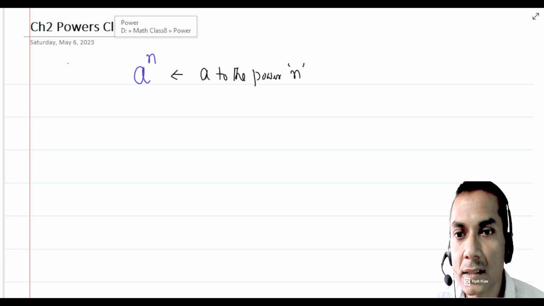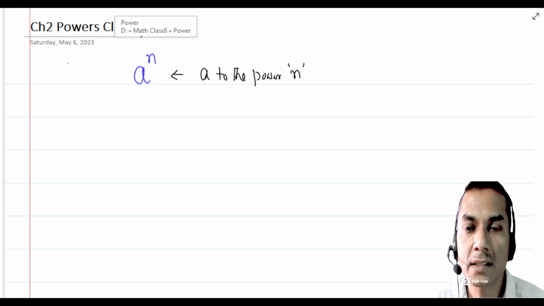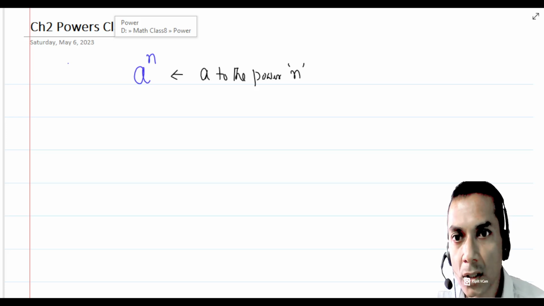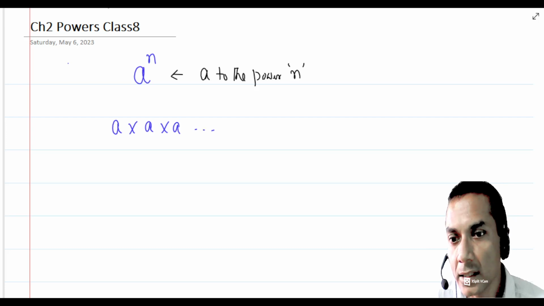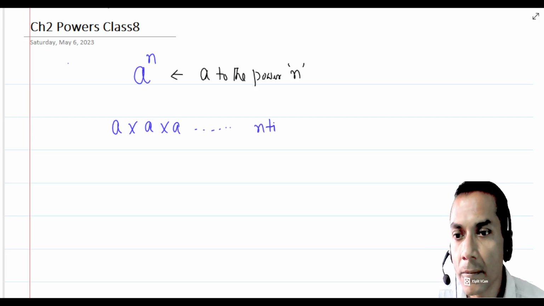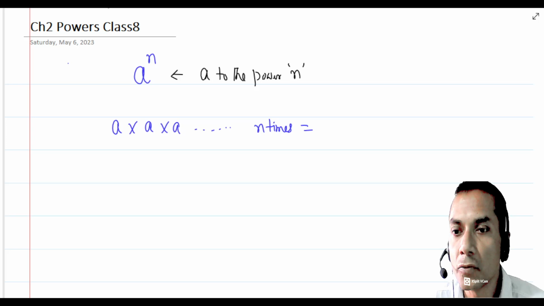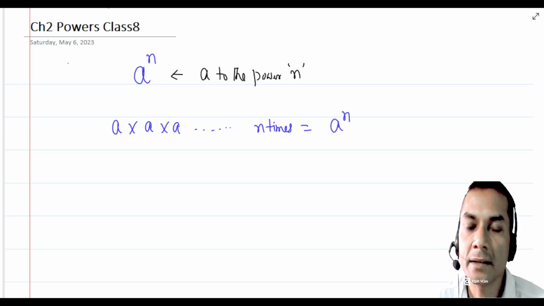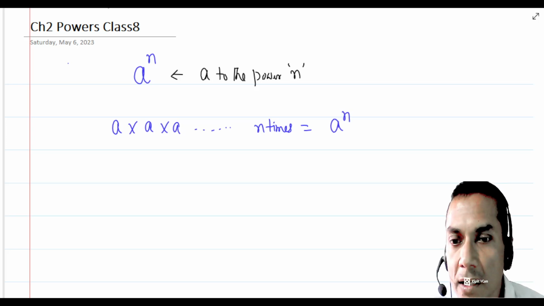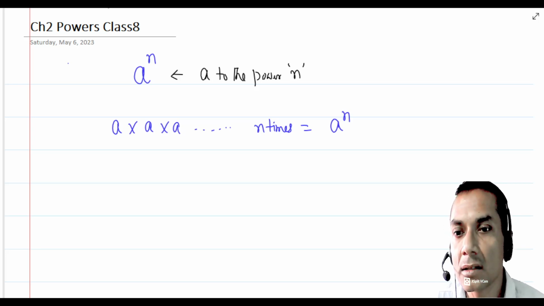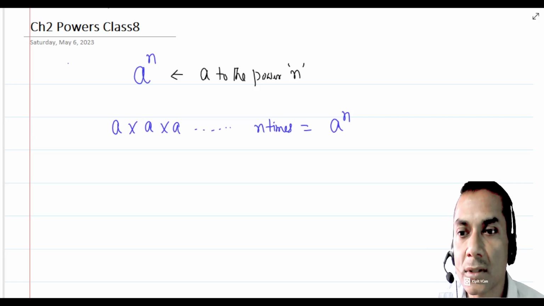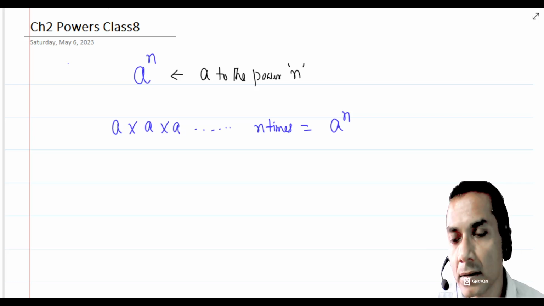Now what is the meaning of a to the power n, and what is a and what is n? We elaborate more. If we multiply a into a like this up to n times, we get the result a to the power n, because each a has the power 1. So if we add together 1 plus 1, n times, we get the value n.